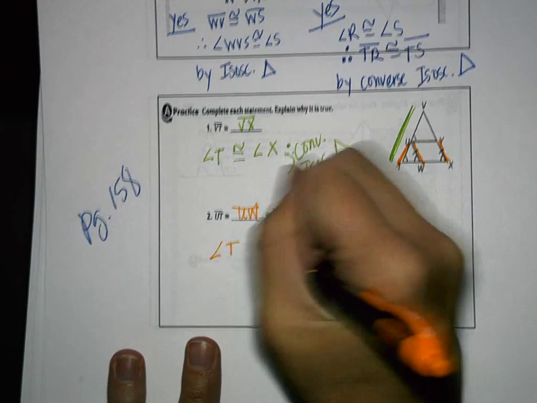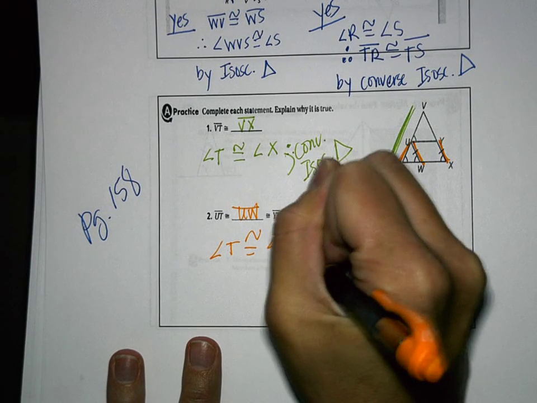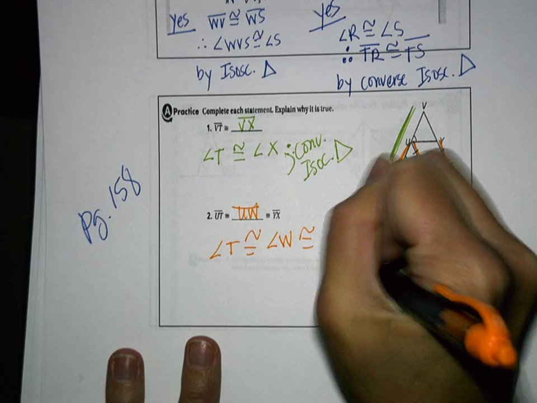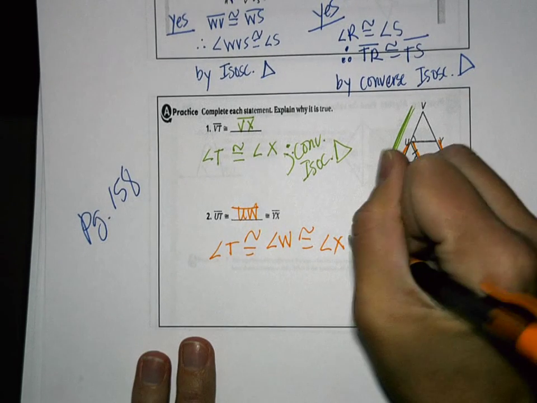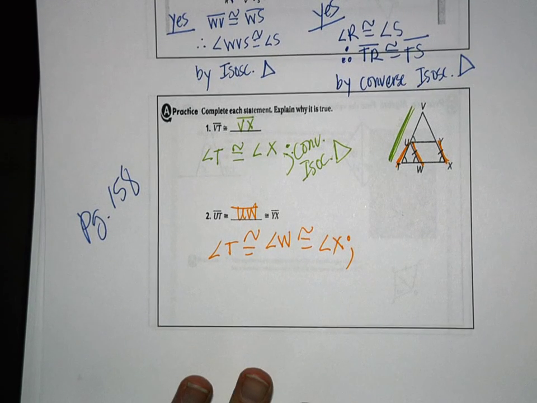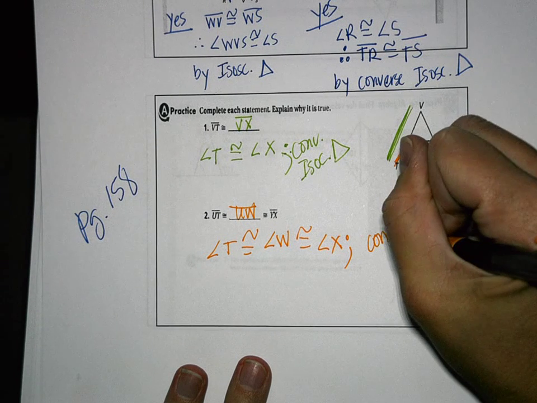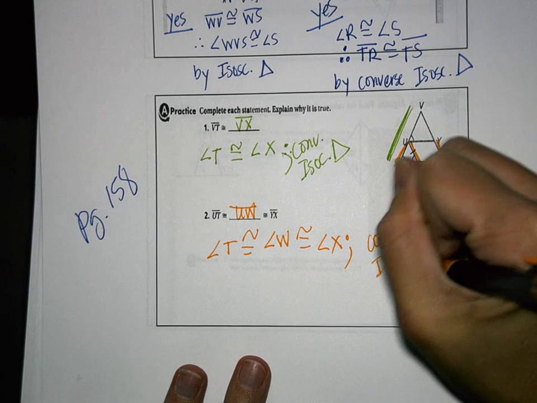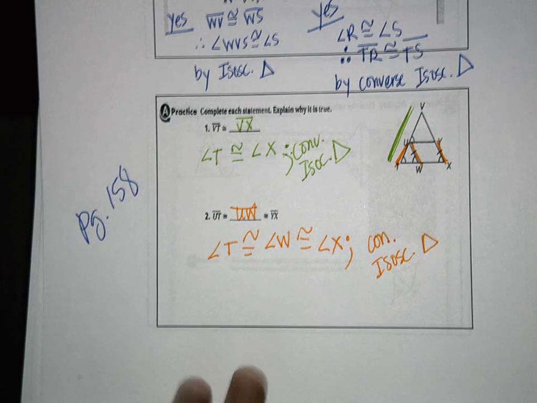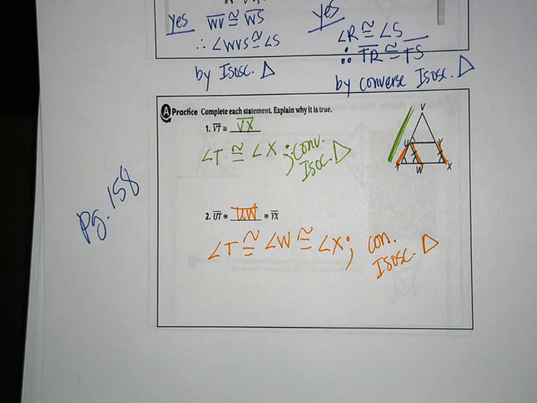Angle T is congruent to angle W is congruent to angle X, which means that we are using which theorem? Converse isosceles triangle. Okay, because if we know the angles are equal, we know the sides will also be equal. Okay, questions?